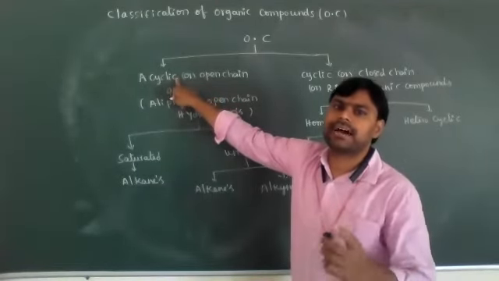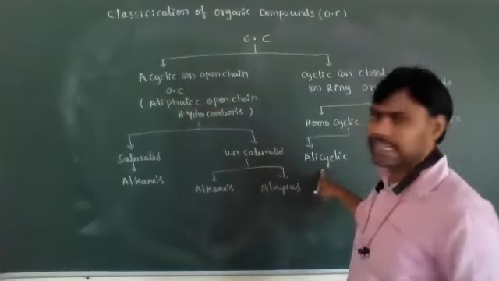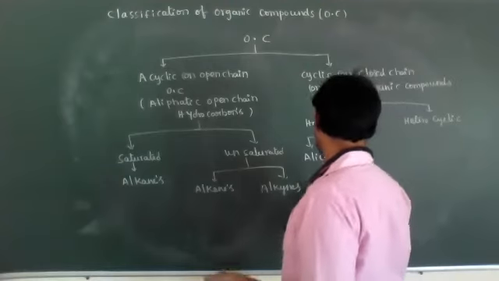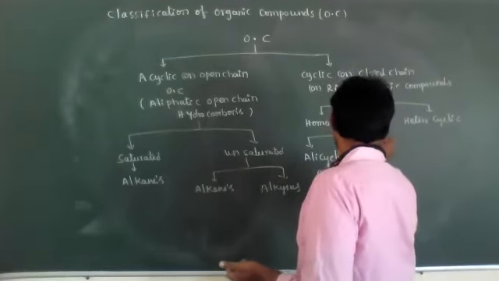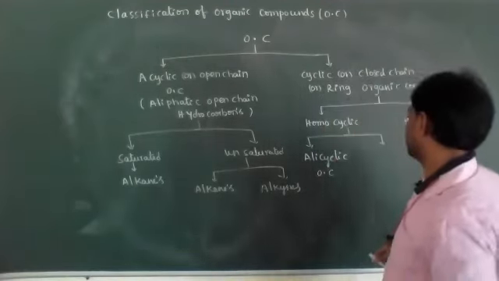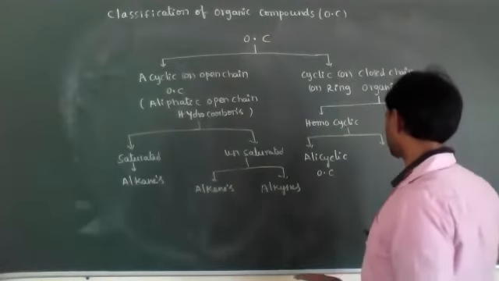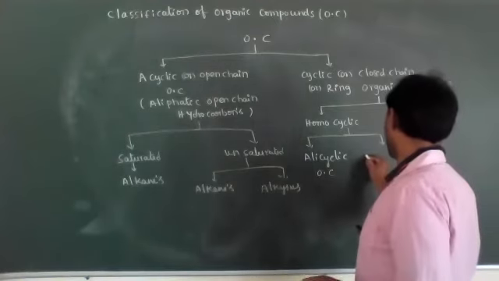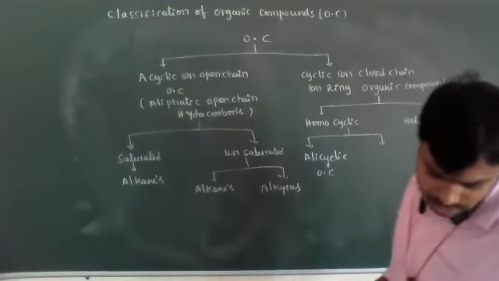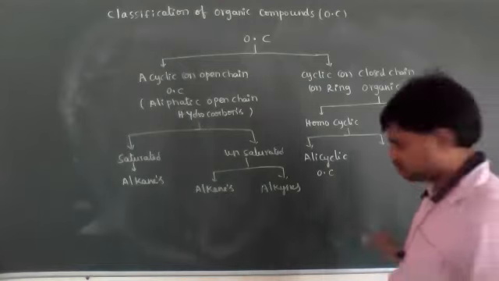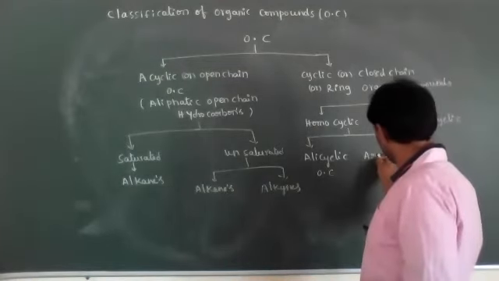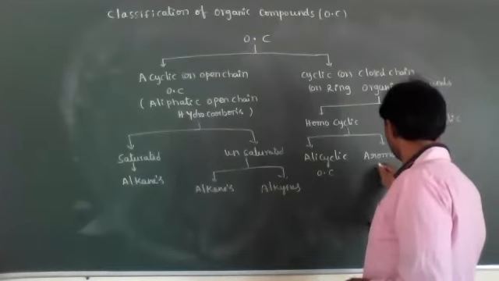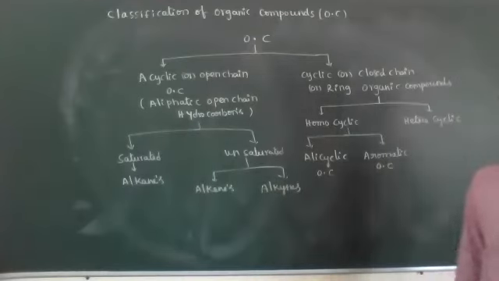Acyclic means they don't have a cyclic ring. Homocyclic compounds are again two types: alicyclic organic compounds and aromatic organic compounds.